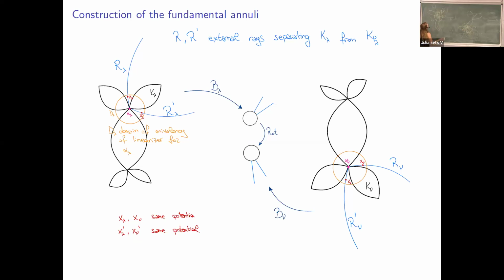Well, get your favorite equipotential. Okay, maybe not this one. Same equipotential. So E and E. Take a corridor. Here we have the preimage, right, of all of these.